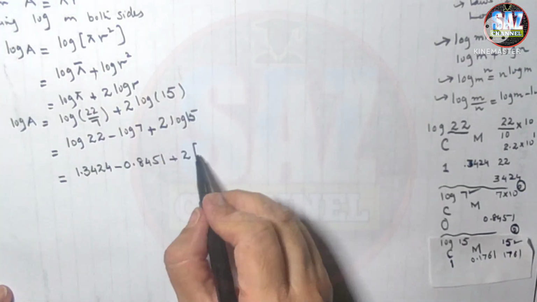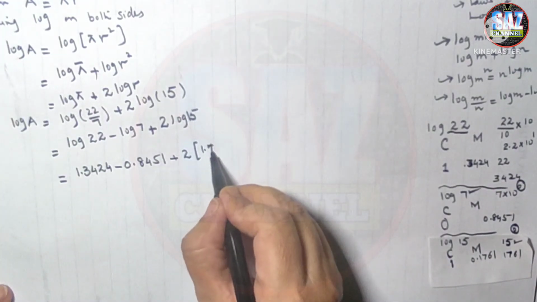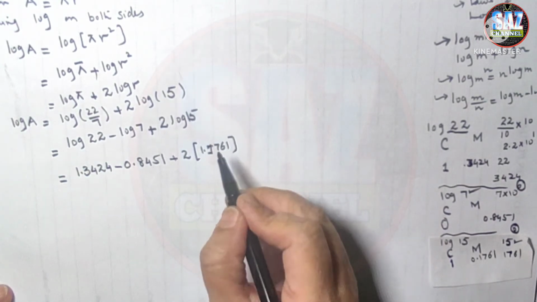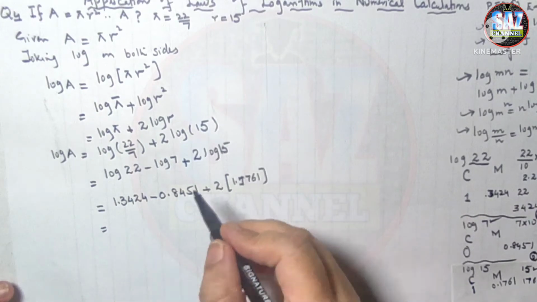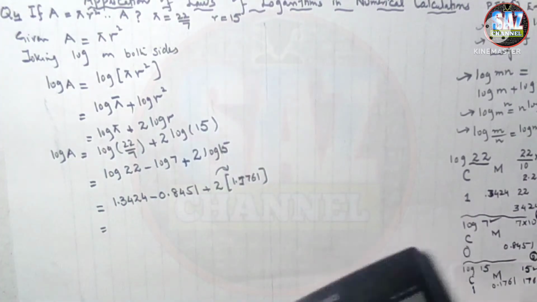So the log of this number is 1.1761. Now it's time first to multiply these two numbers carefully.